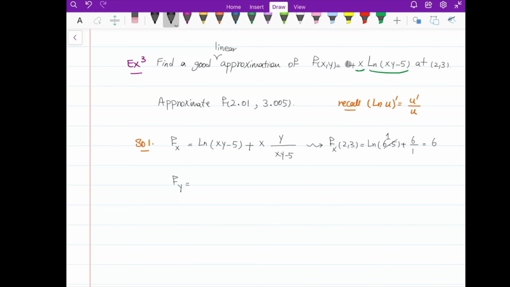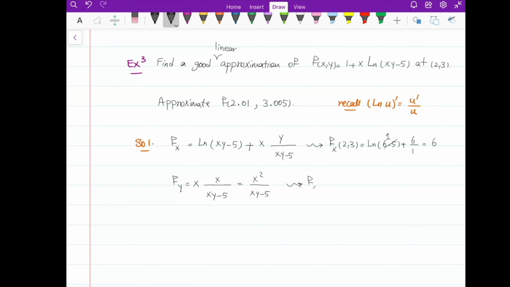I get the derivative of 1, which is 0, plus, since I'm taking the derivative with respect to y, x would be a constant, so I'm just going to write x, and then the derivative of natural log, one more time, would be the derivative of the inside over (xy minus 5). So the derivative of the inside with respect to y is just x. So it would be x squared over (xy minus 5).